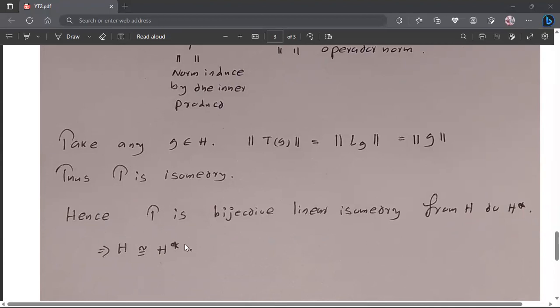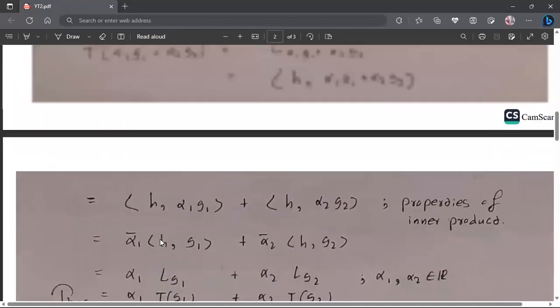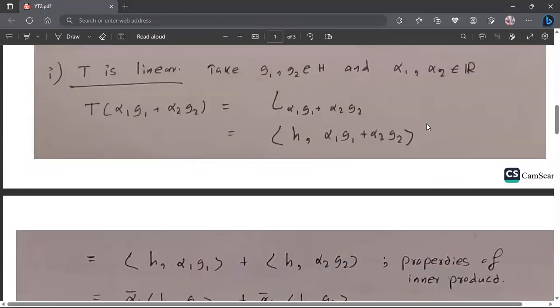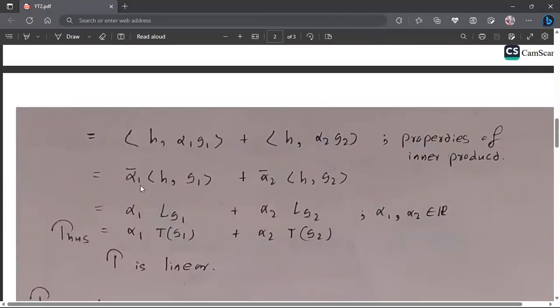So we found a function from the Hilbert space to its dual space which is bijective, linear, and an isometry. Then we can conclude H and H star are isometrically isomorphic, which simply means they have the same structure. So if we are to work on H star over the scalar field of real numbers, this is very important. Because if the underlying scalar field is the complex number field, then the linearity fails, because here we get alpha 1 bar and alpha 2 bar.